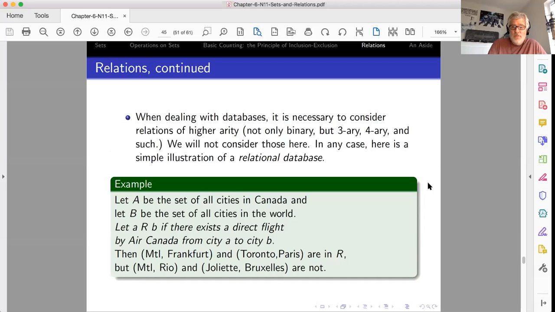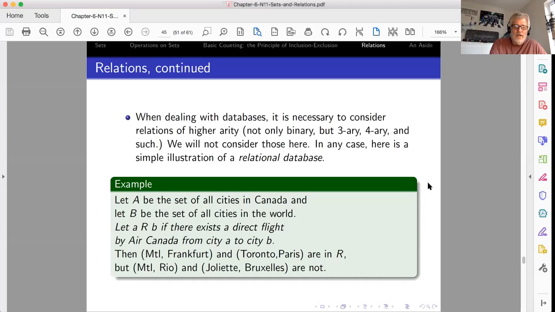So what's a database? Simply put, it's a bunch of relations. That's what a database is. I'd like to illustrate this with a very simple-minded example. Let A be the set of all cities in Canada, which you could say have an airport, otherwise it's not really interesting.